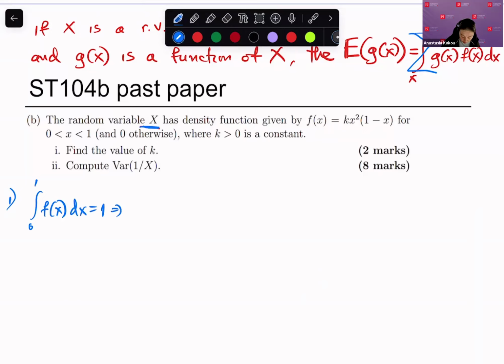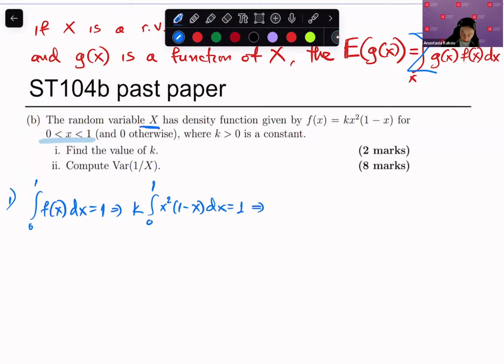And then substituting, you have k integral from 0 to 1. I use that integral from 0 to 1 because this is what we were given. So just pay attention to the support of that function, and then substitute the function itself there and integrate. So that is equal to 1.